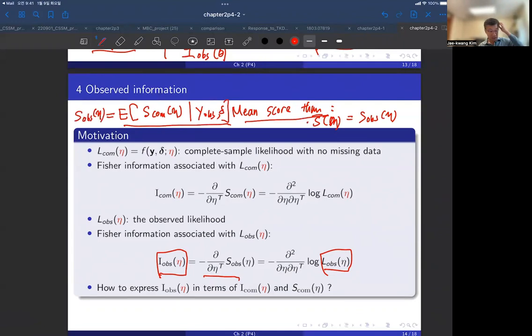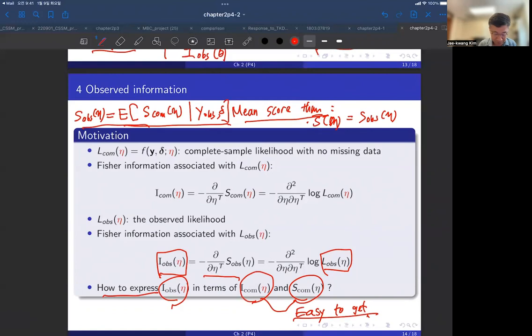And so a natural question is, can we have this kind of nice result for the information matrix? The question is how to express this guy in terms of this, which is usually easy to get, or known. So they are already known.